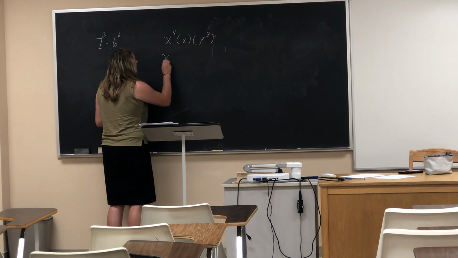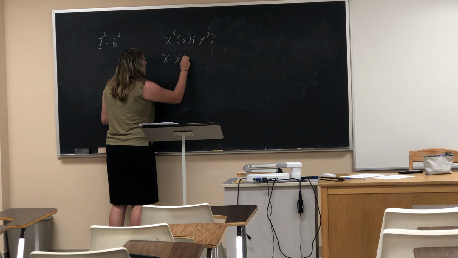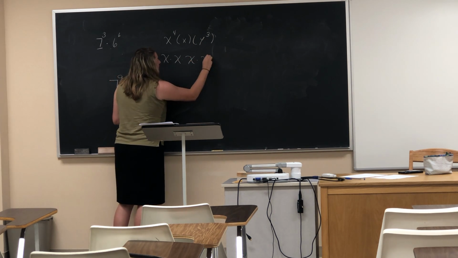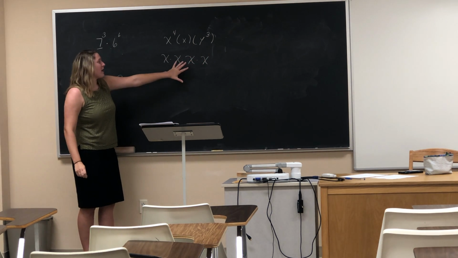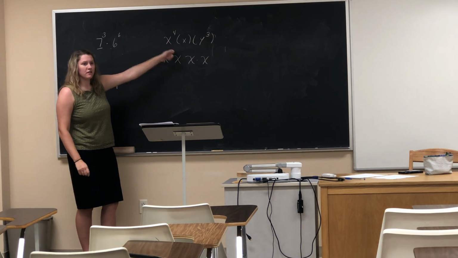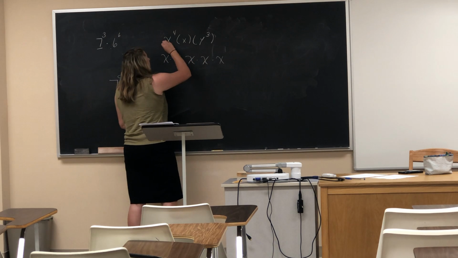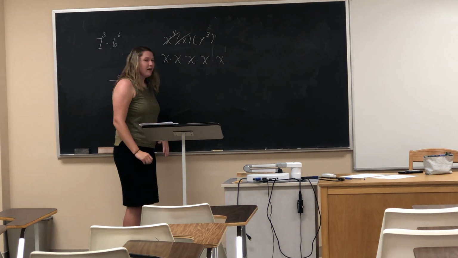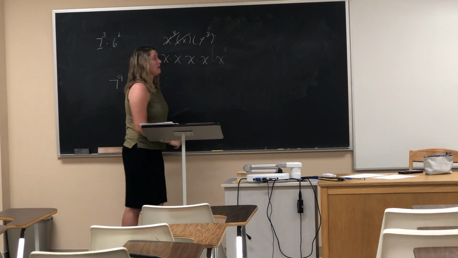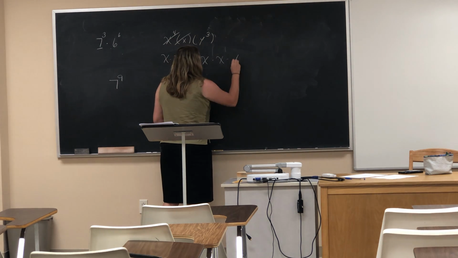So we have x times x times x times x. Does everybody agree that that represents x to the 4th? Okay, now I'm going to put another x up here for this one. So we've taken care of that. And now we have to write out our y 3 times because it's being cubed.